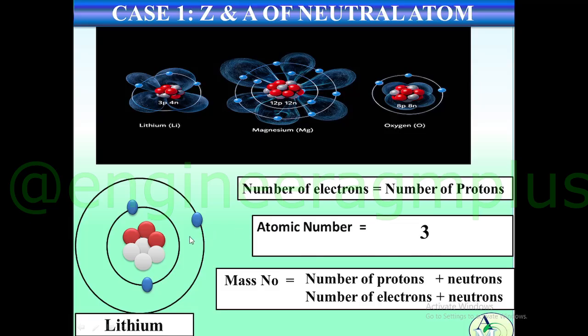What about the mass number? It is within, which is 1, 2, 3. That is the number of protons plus the neutrons. Neutron has 1, 2, 3, 4. How do we determine the number of neutrons?